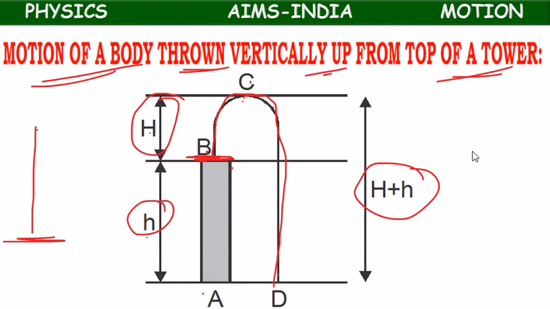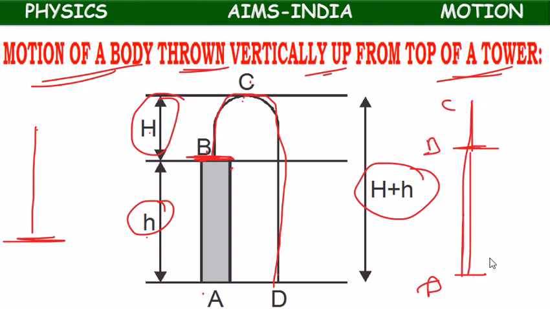Actually, this is a straight line, children: A to B, B to C, and the same path back, C to D. It's the same straight line going up and coming back. For showing the values we have drawn it like a curve, but it is not a curve. You have to assume it as a straight line path. Tower height is small h, and body height above the tower is capital H.